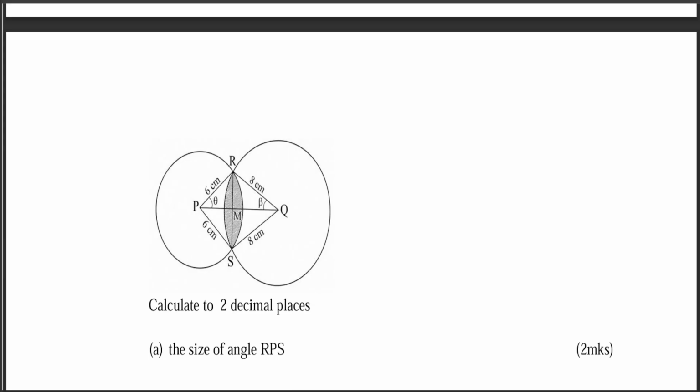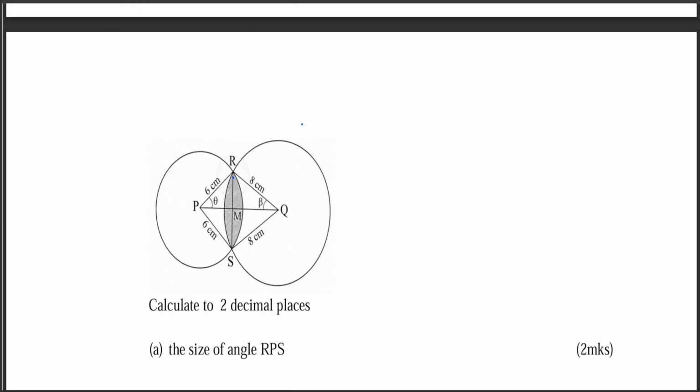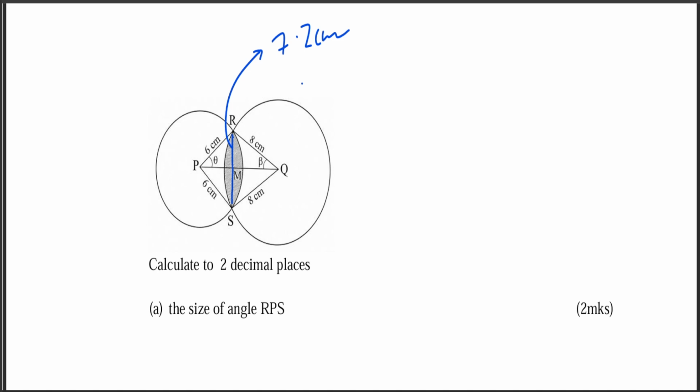RS is here, and this is 7.2 centimeter long. Calculate to 2 decimal places the size of angle RPS. RPS is this angle here.